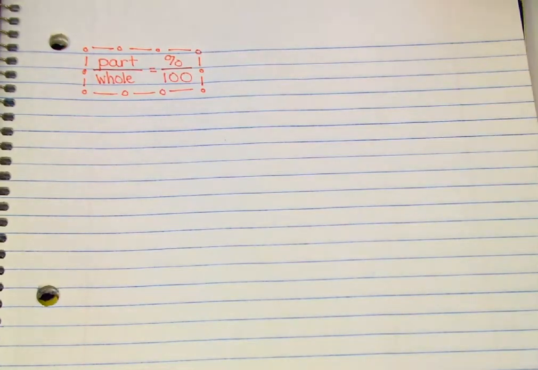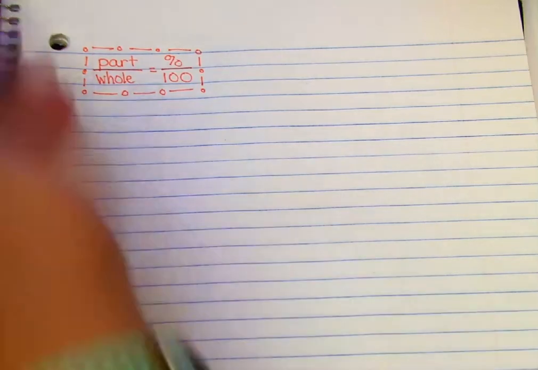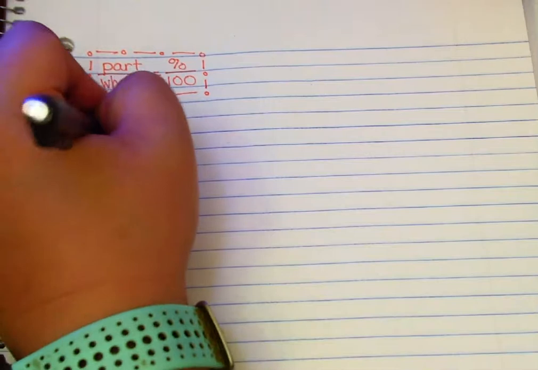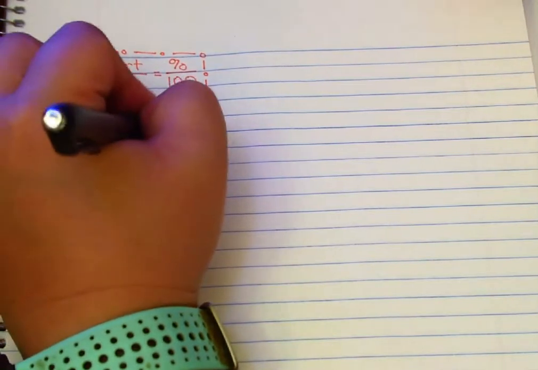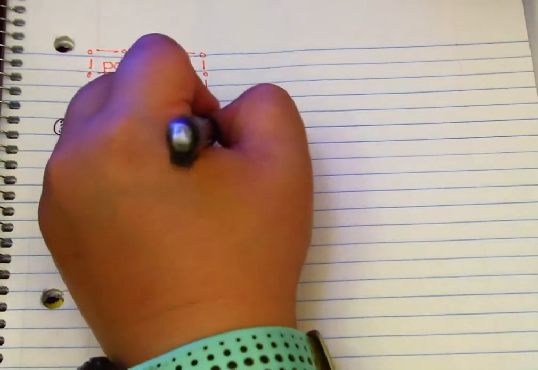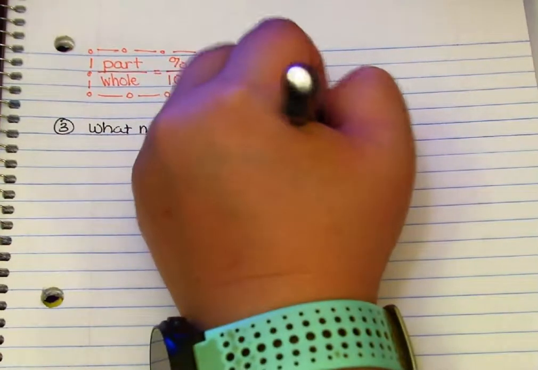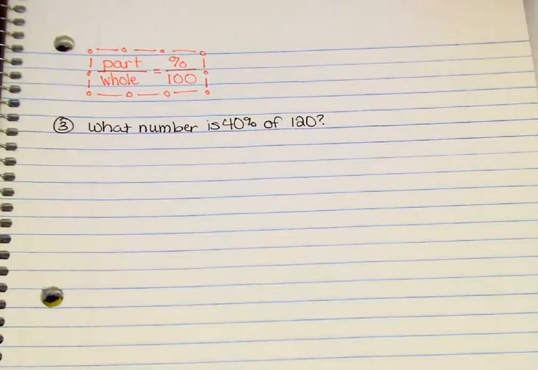Okay, so our next one we're going to try, so number 3 in our practice, what number is 40% of 120? So, remember, we're going through.